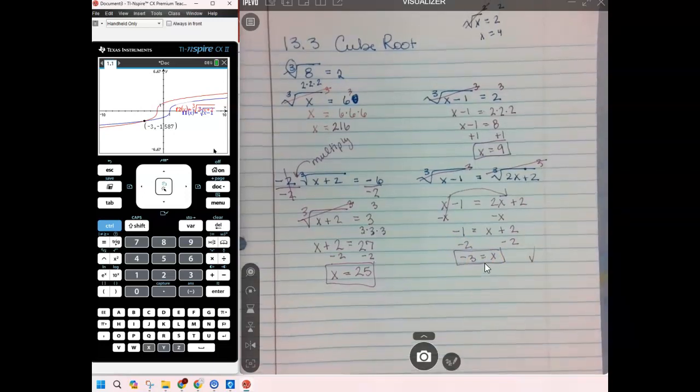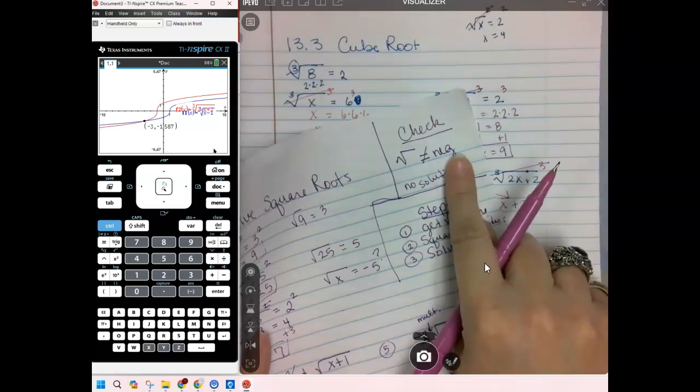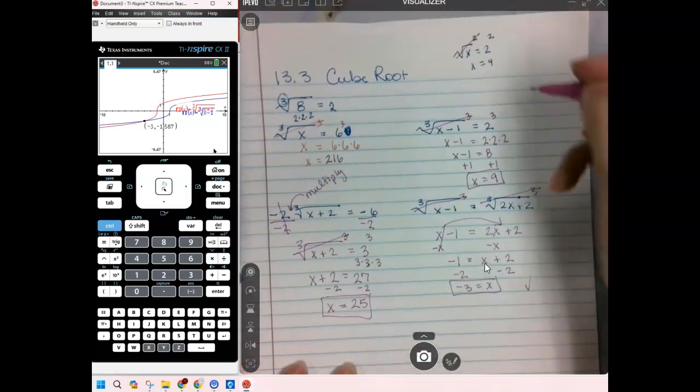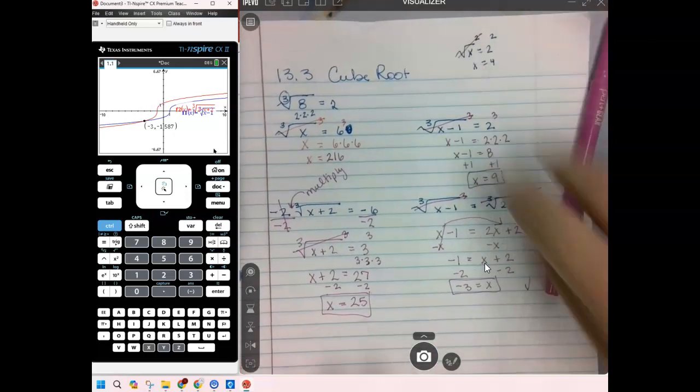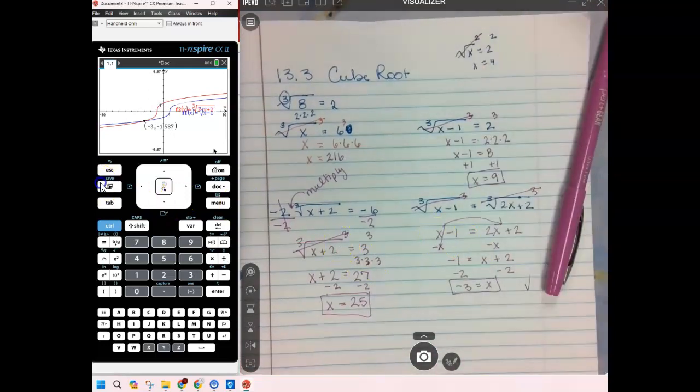A note on these. On the square roots, remember the square root could not equal a negative. On cube root, it doesn't matter if it's negative. And I can show you that. Here, I can take the cube root of 8 is 2.